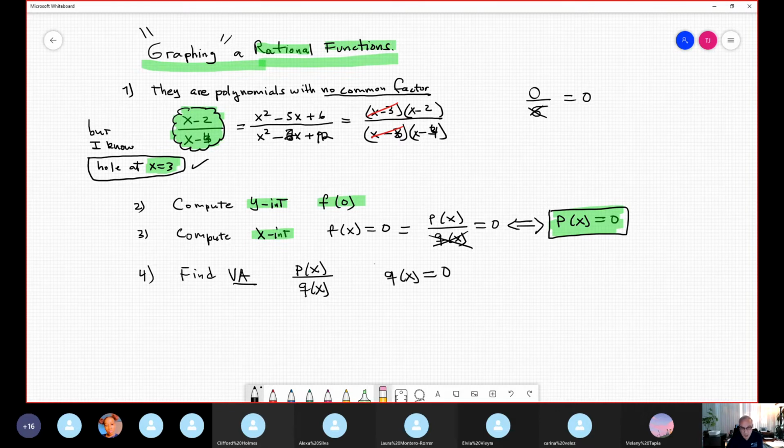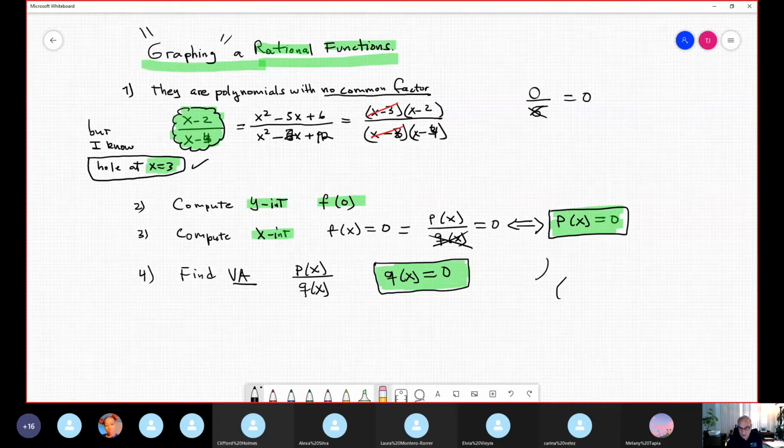This is the formula for finding the vertical asymptote. You take the polynomial in the denominator, you enforce it to be 0, and the solution of this represents the vertical asymptote. Afterwards we see the behavior, like that, or like that. But at least I have in my hand the asymptote.